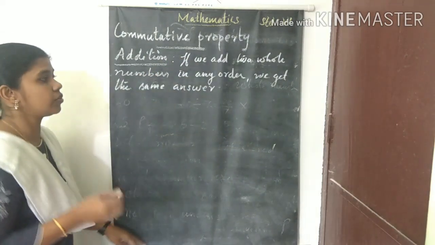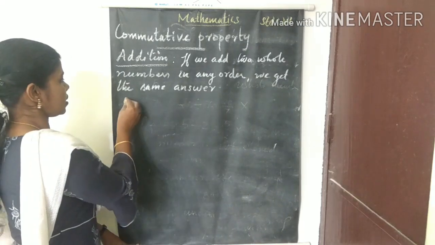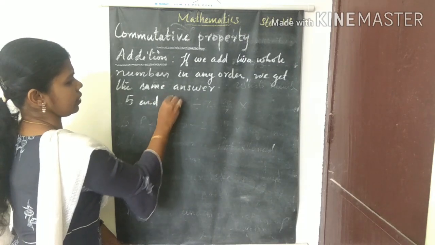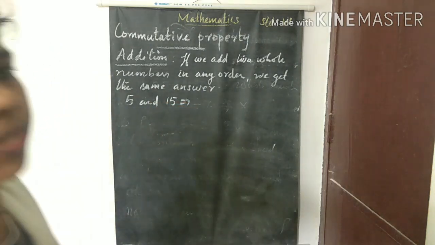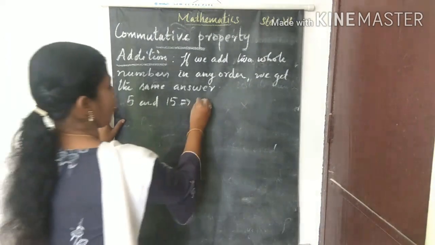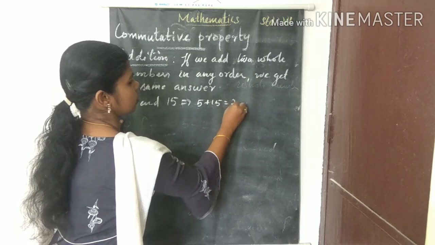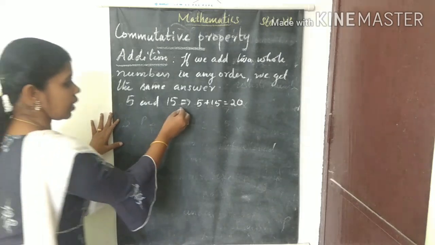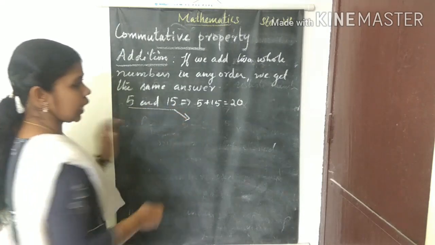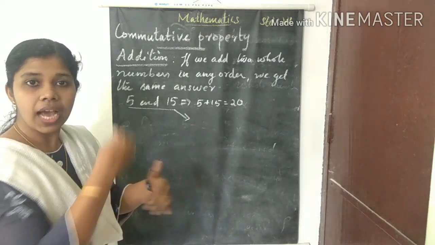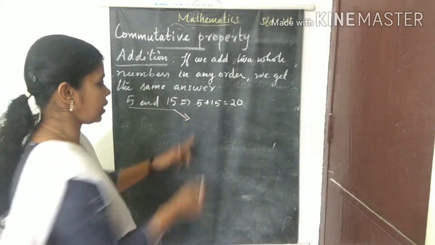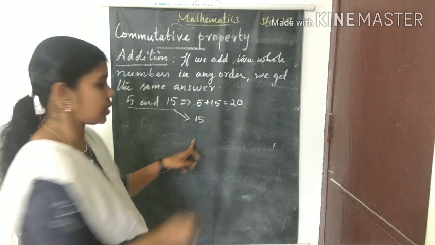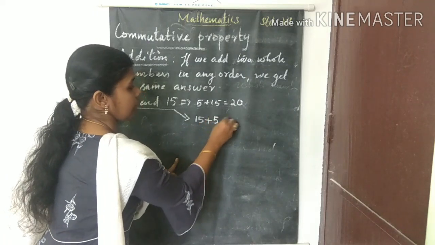So I take two whole numbers, here 5 and 15. What is the sum of these two? Yes, 5 plus 15 equals 20. With the same whole numbers, I take them in another order, that means write the second number in the first place and the first number in the second place.